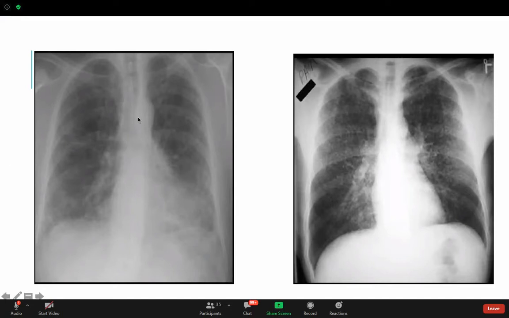Yeah, this is reticular, okay? I just put it as an example. And how about this one? The one on the right of the screen. Nodular. That's good. Okay, so this is an example for reticular. This is an example for nodular.